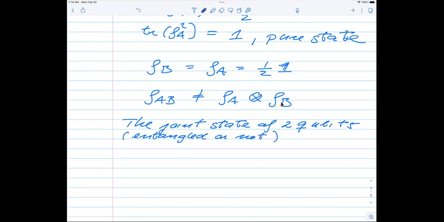And we would then call this a pure state. So we know in which kind of situation we started, and it is known exactly.